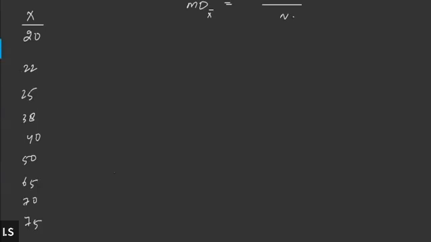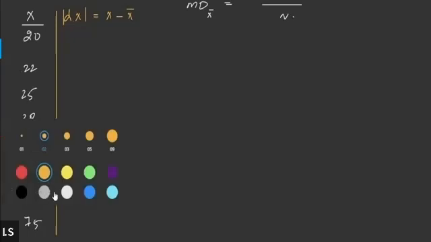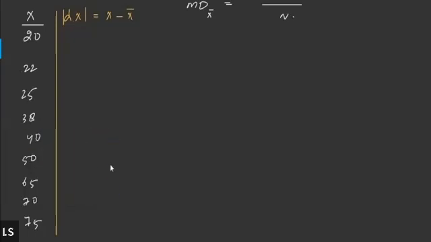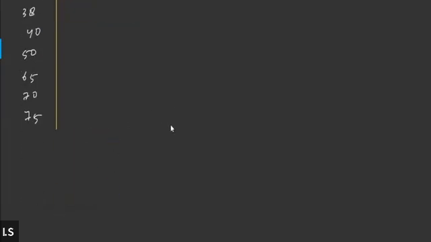As usual, this time again we need to find out the absolute value of deviation, dx, and we are going to find this by subtracting the value of mean from each item. So the problem is that we don't have the value of the mean this time.